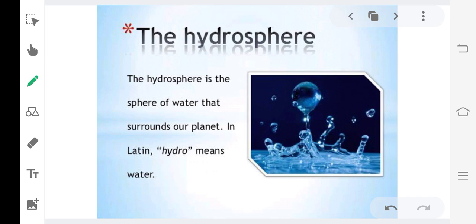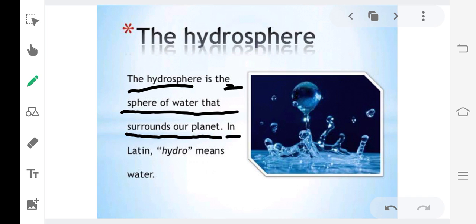The hydrosphere is the sphere of water that surrounds our planet. In Latin, hydro means water. Note this one.